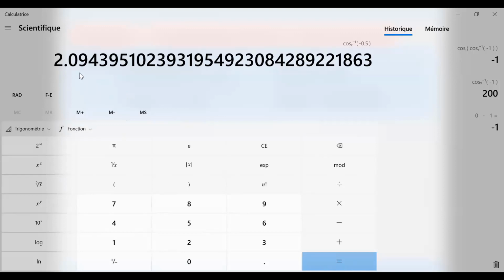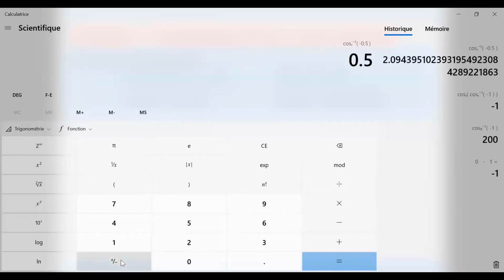Then 2.09 radians. In degrees, how much is this? Let's calculate it in degrees, it is 120 degrees. So cosine inverse of minus half gives 120 degrees. In which quadrant is 120 degrees? Quadrant 2. So if the input is negative, we get an angle in quadrant 2.